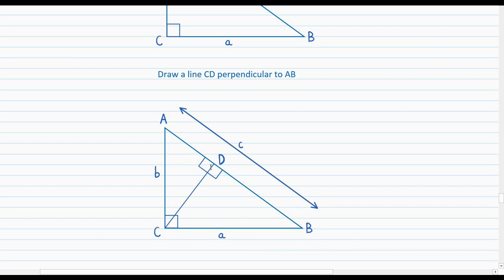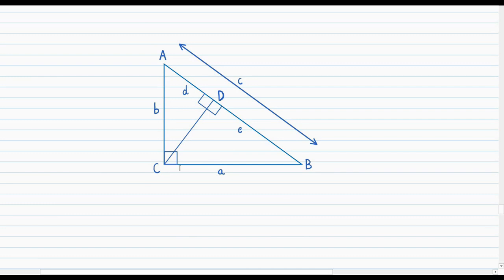Then I named the point where the line touches line AB as D. And the side c represents the length of the entire side AB. Since I've now split this side into two portions, meaning AD and DB, I'll label these new sides as well, just so we have some way to refer to them. I'll use the letters d and e. So that's the basic diagram we'll use to prove the Pythagoras theorem.